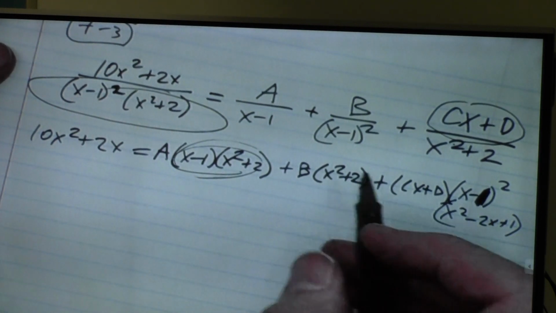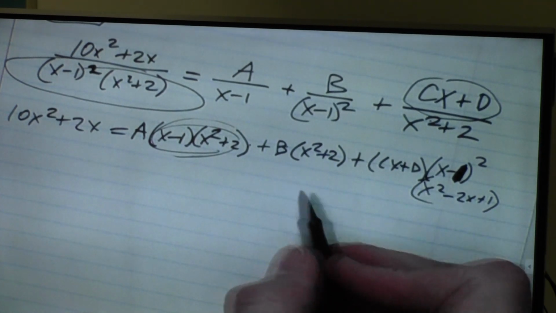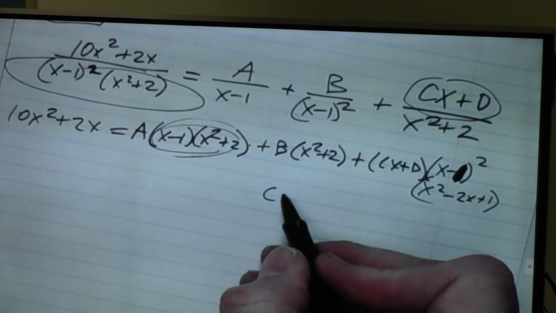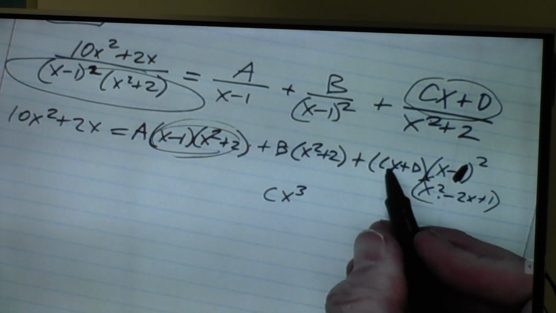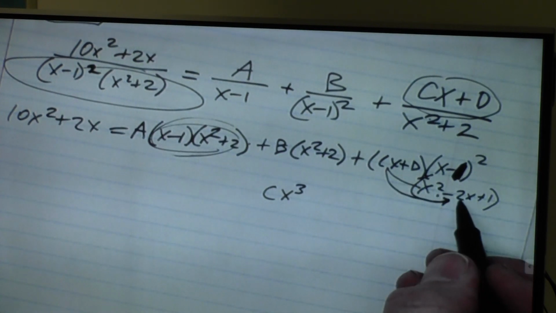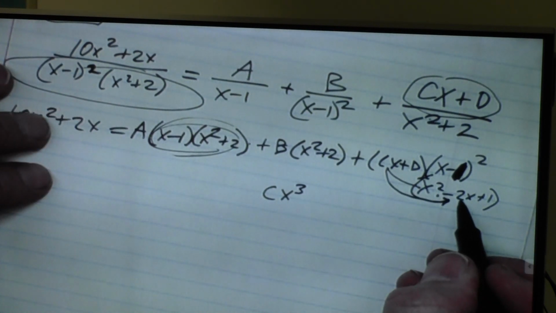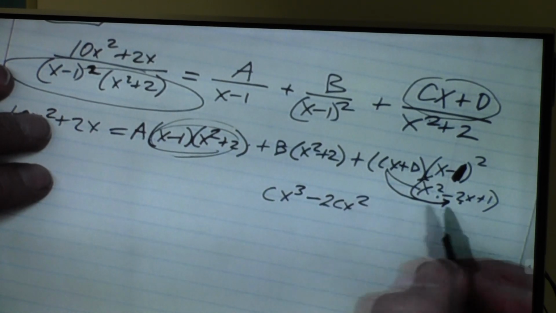So if you think about it, I'm not going to do the others, but that's not so hard if you think it's cx times those. So cx times x squared would be cx cubed. Okay. So that plus over here, cx times the negative 2x is going to give me negative 2cx squared.